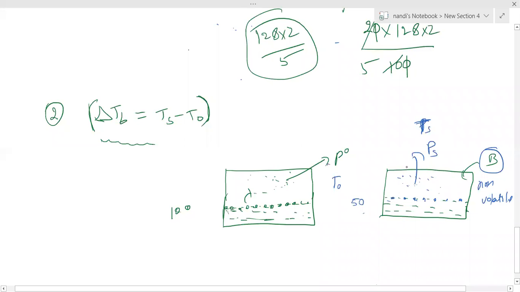P naught and PS, which is more? Where will you get more vapor pressure? P naught or PS?